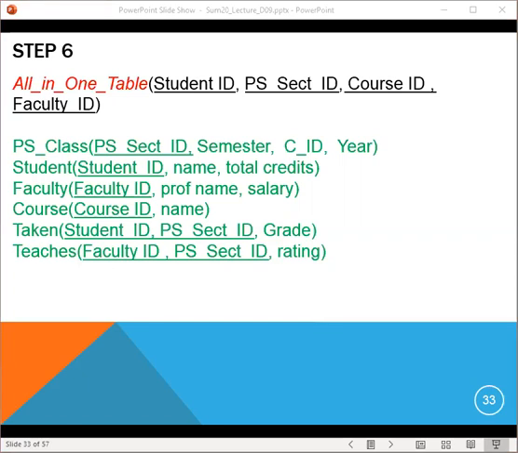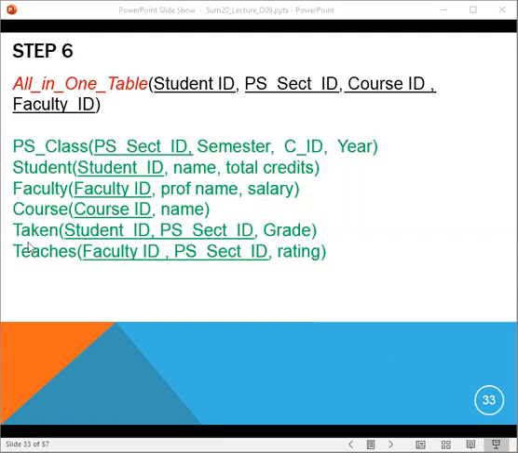And now we've decomposed and we have a set of tables that we can use. The original all-in-one table, we may keep it around, but it may be redundant in the relations we just created because it has no non-key fields, but we'll make a determination whether we want to keep the original stub around or not.